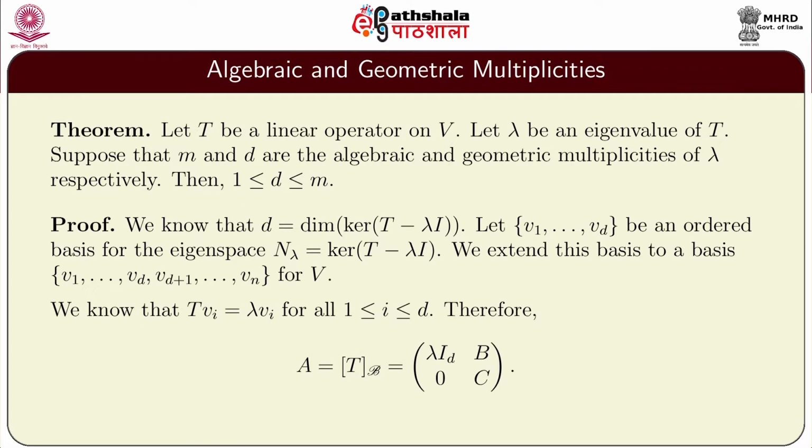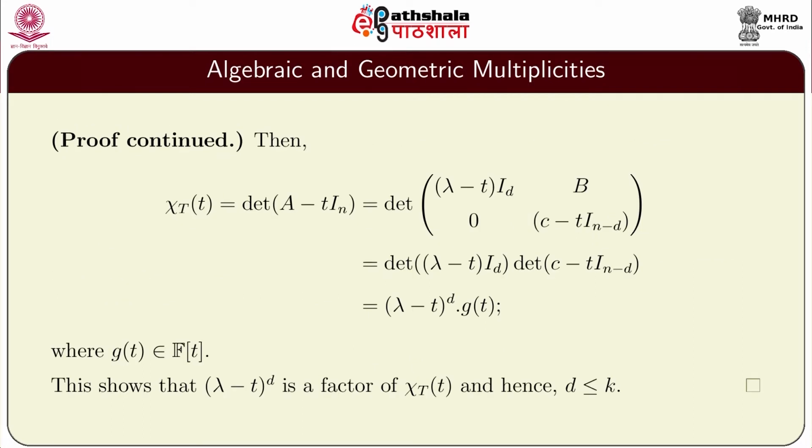So, that lambda is of course the eigenvalue lambda, and that top left block is coming from the basis vectors v1, v2, up to vd. Remember that we have taken an ordered basis, and the ordering is that v1, v2, up to vd appear first, followed by vd plus 1 and so on up to vn.